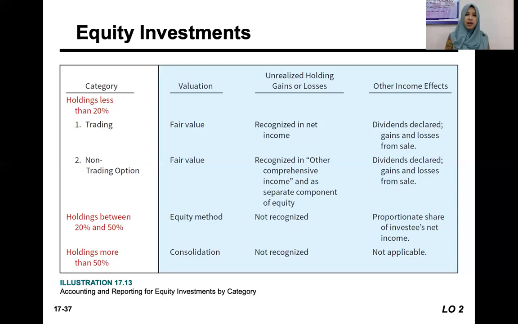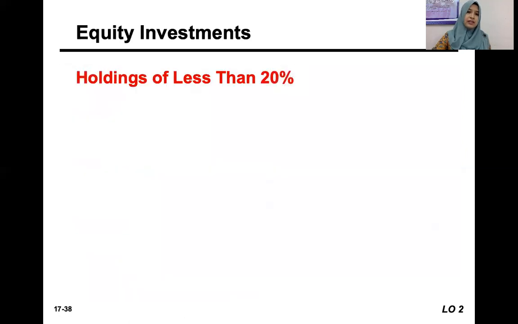If you ever check the financial statements of companies, they would have parent, subsidiary, and then consolidated financial statements. So it doesn't have any effect of unrealized holding gain or loss, and it doesn't have any other income effects when it is consolidated.